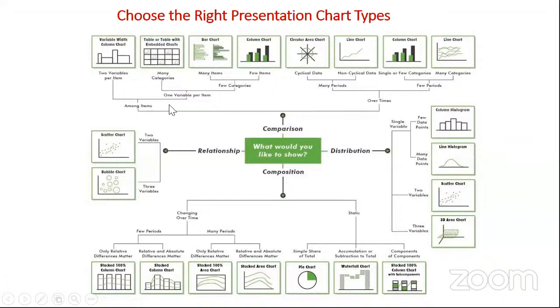So this first part, what you are seeing on my screen, is the collection of charts in Tableau which a visual analyst commonly prefers whenever comparison of data is required.